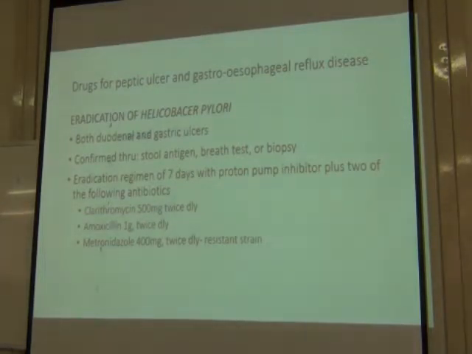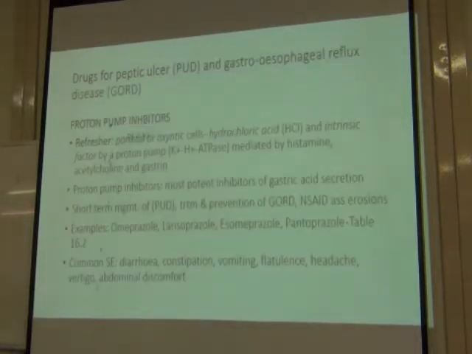In which instances do you want to replace amoxicillin? Allergy, in allergy or resistant situations. All right. Also, some resistance has been identified for metronidazole as well. So you need to check to see if the strain of Helicobacter pylori is not resistant to metronidazole before you use metronidazole.